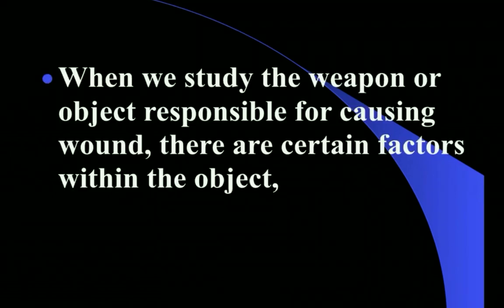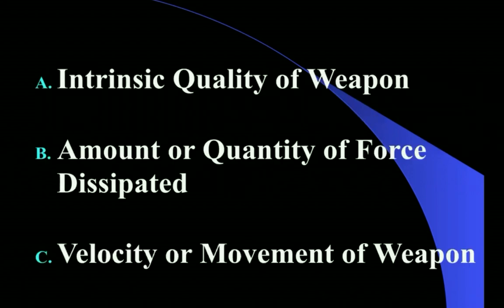When we study the weapon or the object which is responsible for causing the wound, there are certain factors within the object or the weapon, which are the intrinsic qualities of the weapon: the amount and quantity of force which is dissipated, and the velocity or the movement of the weapon.